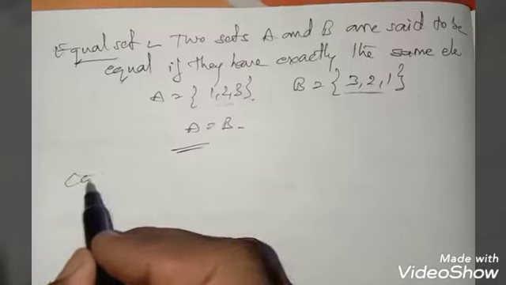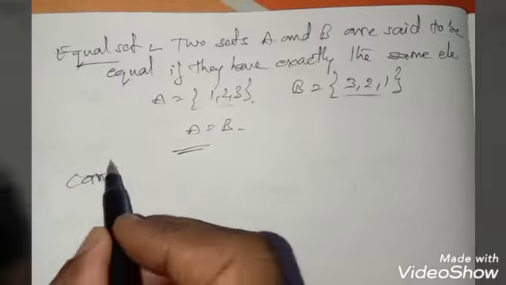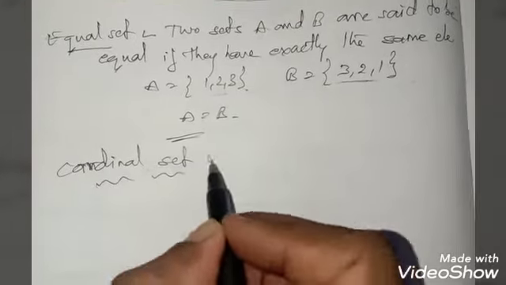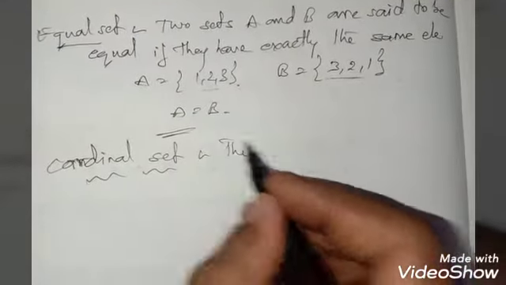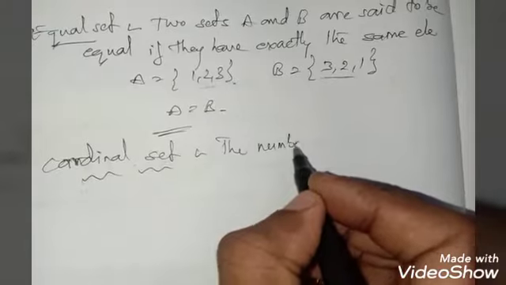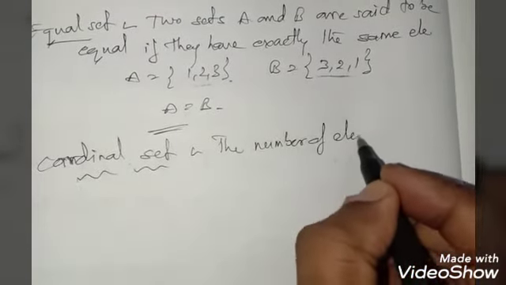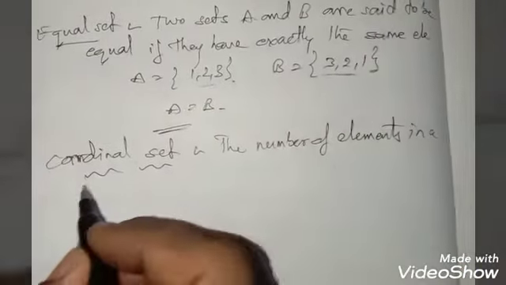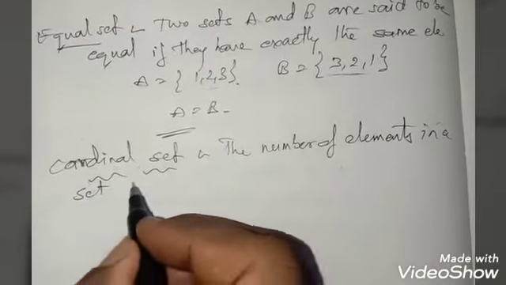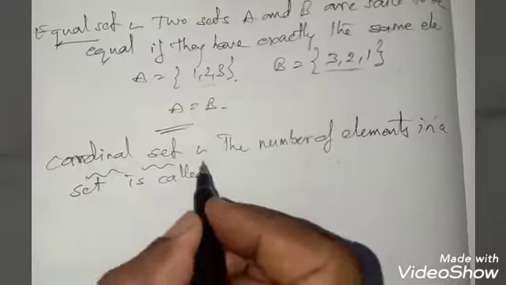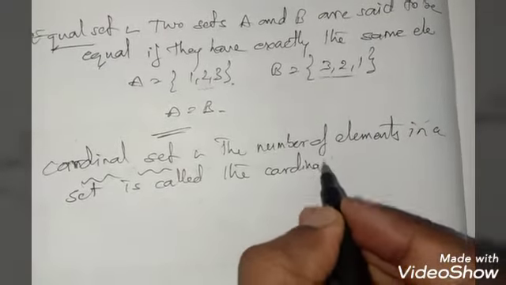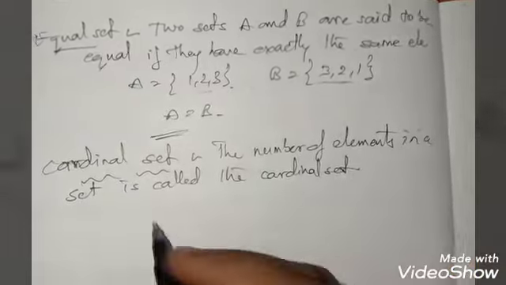Next, coming to the cardinal set. Now what do you mean by cardinal set? The number of elements in a set is called the cardinal of the set.